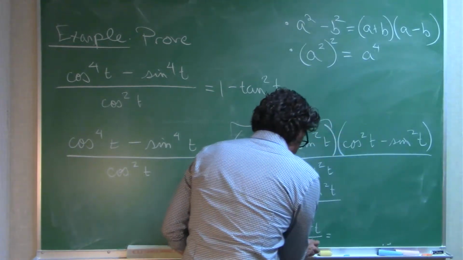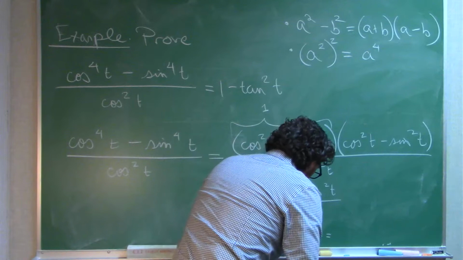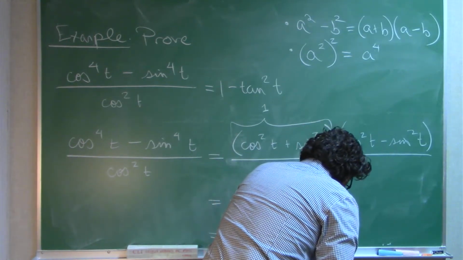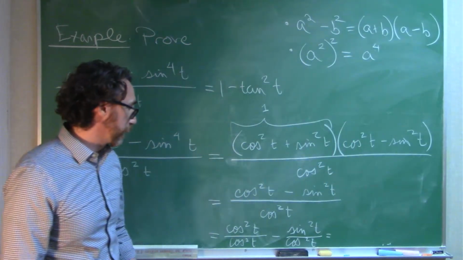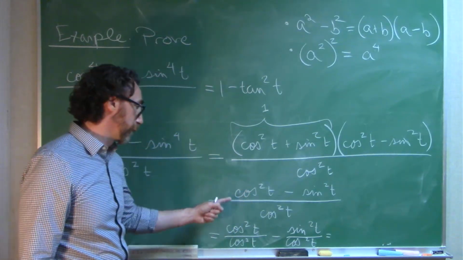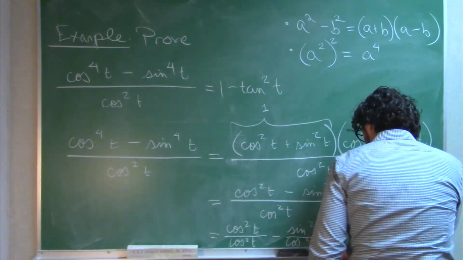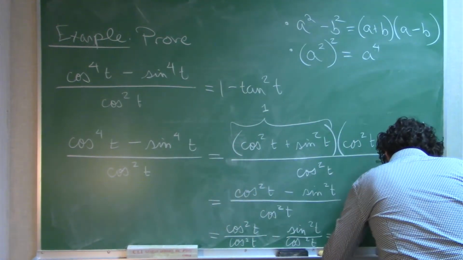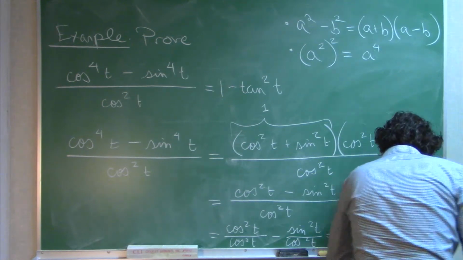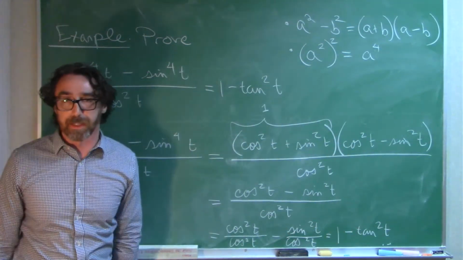Oops, sorry, I need cosine in the bottom on both of them. In a way I'm kind of distributing. Now this is a 1. Sine over cosine is tangent. They're both squared, so I got tan squared. 1 minus tan squared t, and that was the right-hand side.